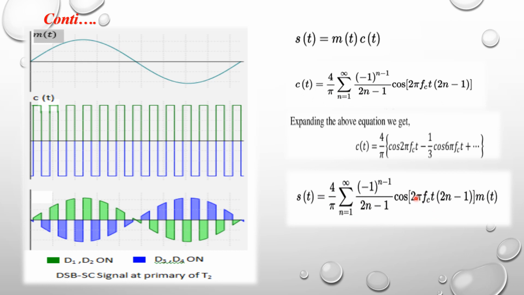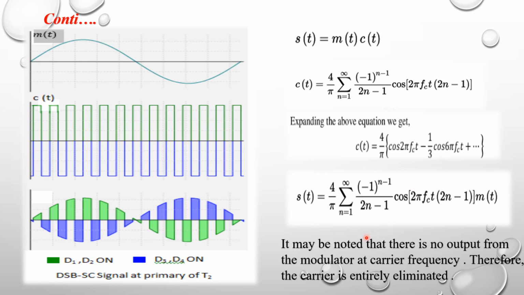This equation is exactly equal to the expanded equation: 4 divided by pi into cos 2 pi fc t minus 1 by 3 cos 6 pi fc t. It may be noted that there is no output from the modulator at the carrier frequency, therefore the carrier is entirely eliminated.